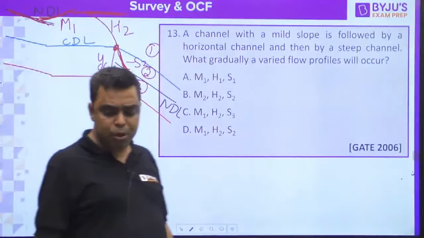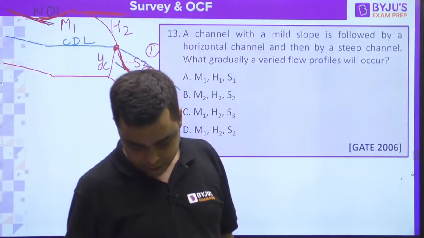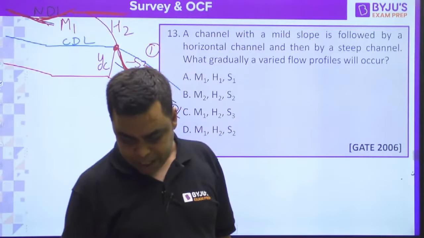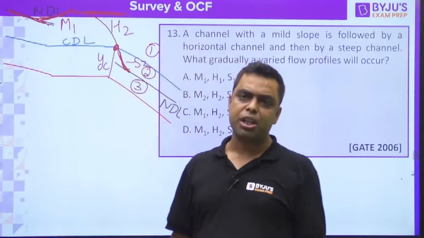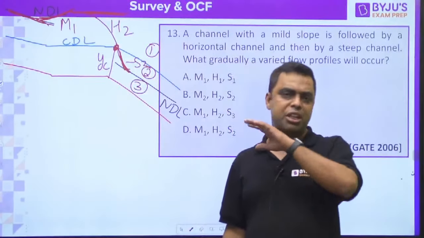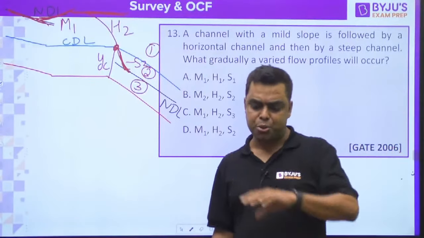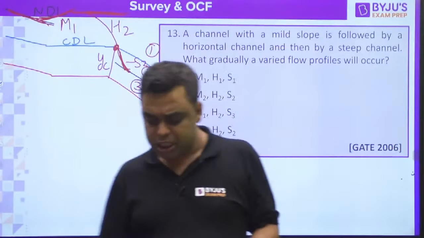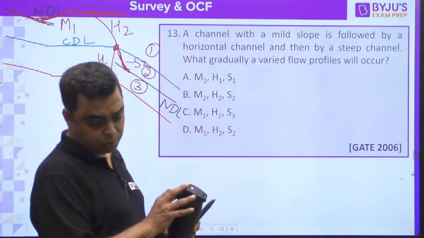On mild slope, the profile will be M1. And basically, on horizontal, it will be H2, because no H1 region occurs. In horizontal, there is only H2, right? And on steep slope, it will be S2.